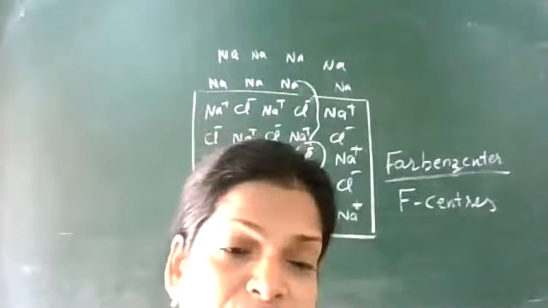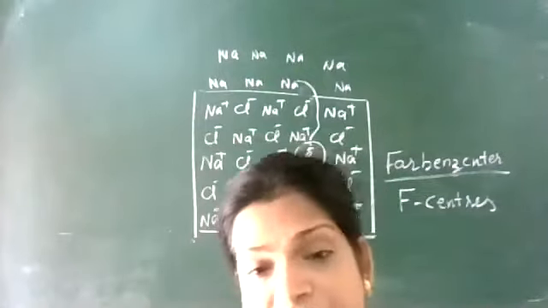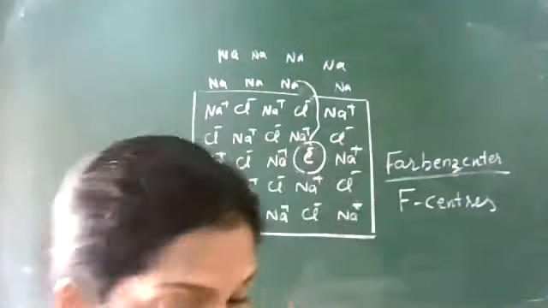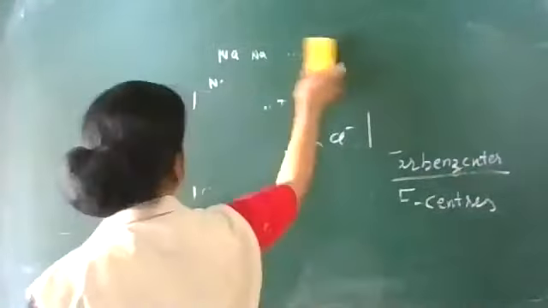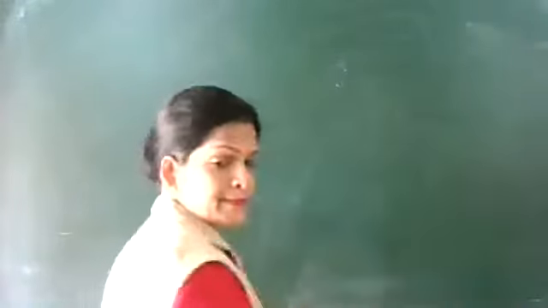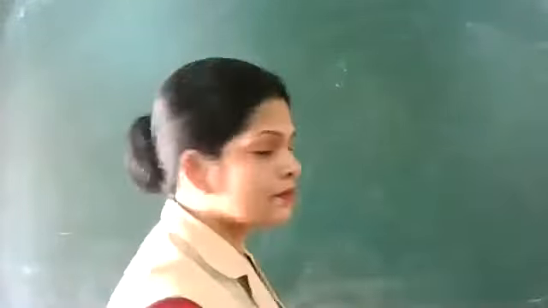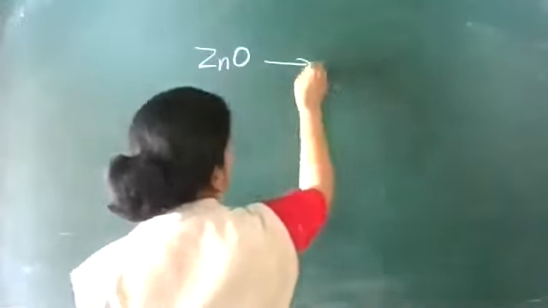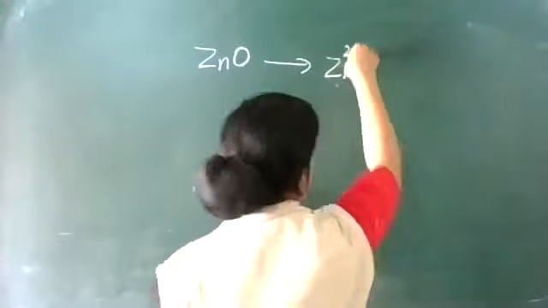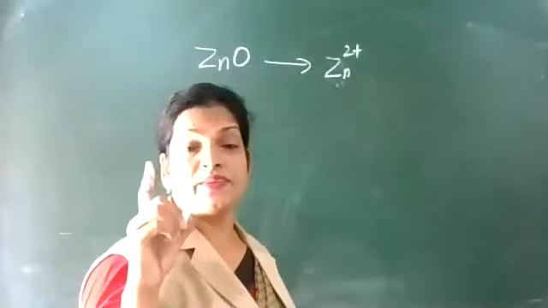Now, metal excess defect due to extra cation at the interstitial site. For example, zinc oxide when heated gives Zn2 plus, half O2 oxygen gas going up from the crystal, and 2 electrons. You know that Zn2 plus size is very small.